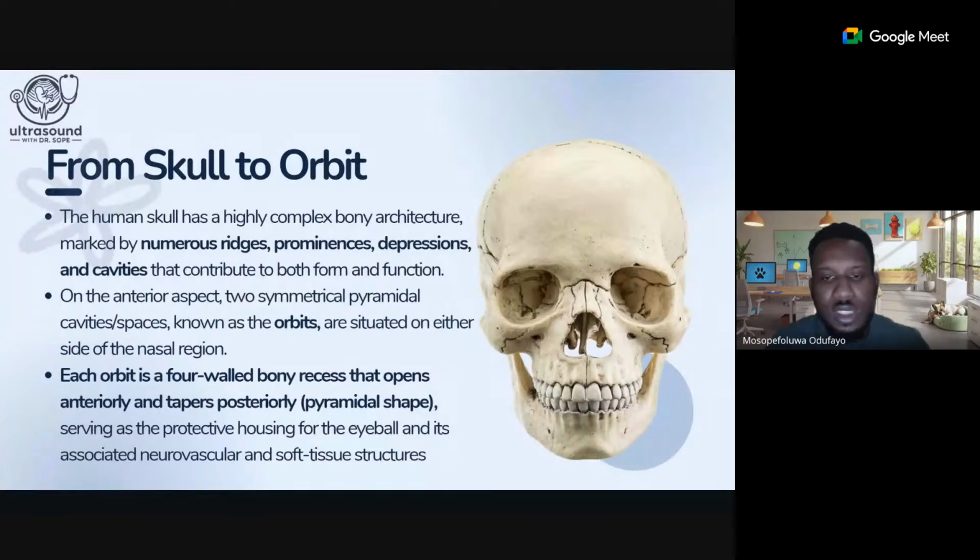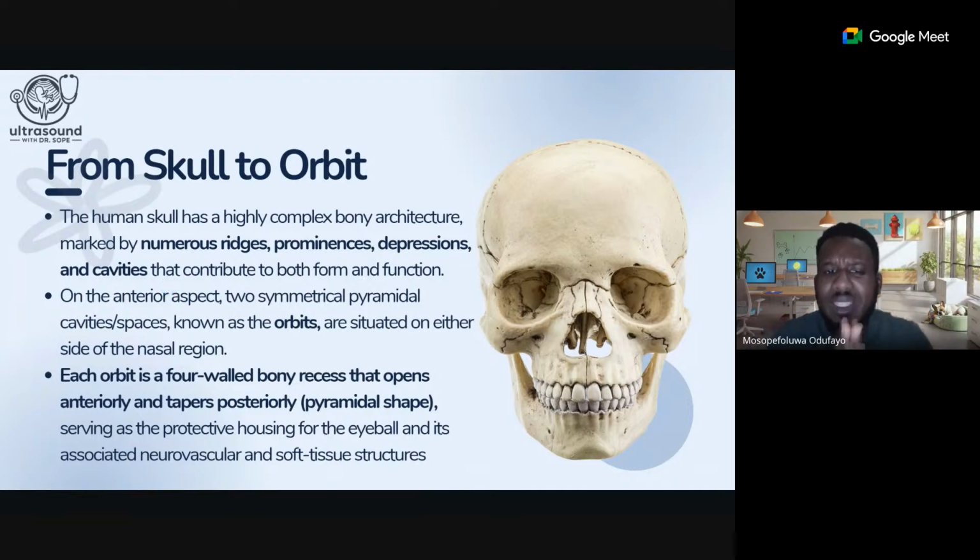The skull will not do anything for you if it is just a square without depressions, ridges, and elevations. It's got some parts that are hollow, some parts that are protruding, different parts to it. All of this contributes to form and function. Take note of the words I used: ridges, prominences, depressions, and cavities.